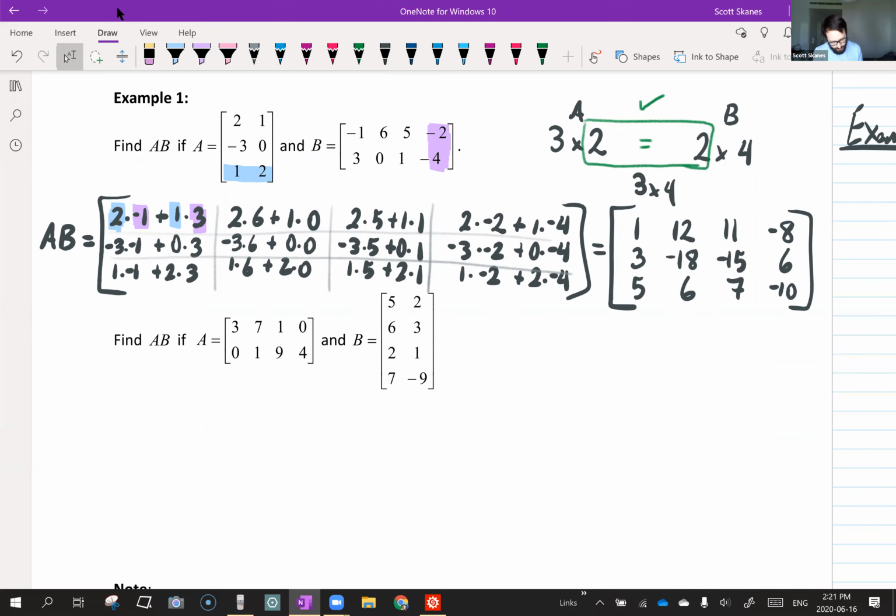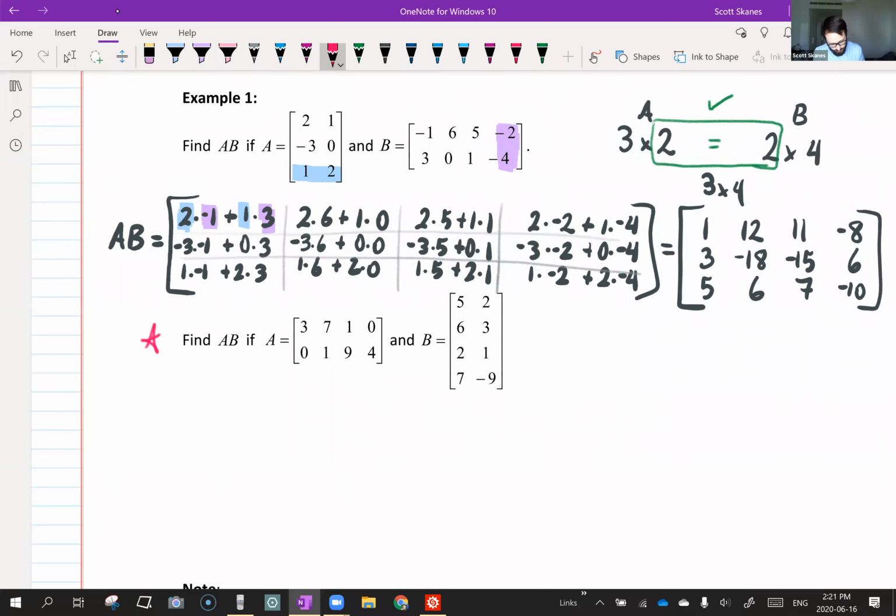So the process, I'm not going to do the next one. That'll be for you to try, unless you want me to, but you can let me know. If you want the first row and first column of your new matrix, you multiply all these numbers together. It's almost like you take the column and put it over on top, right?